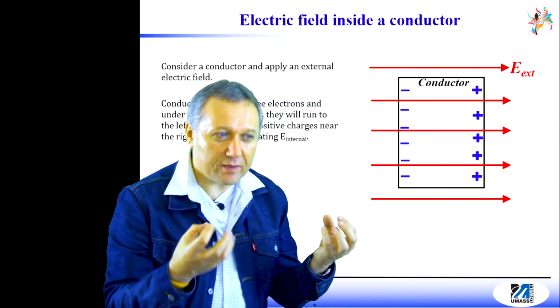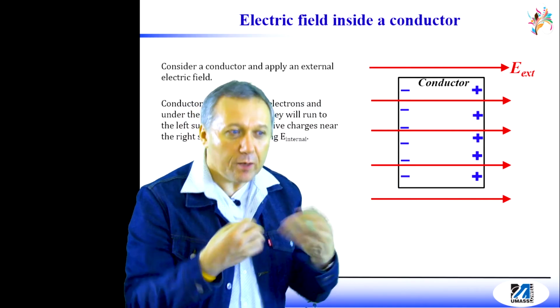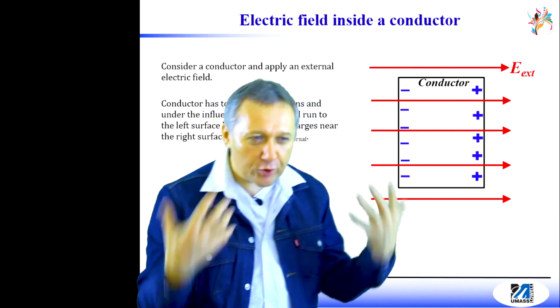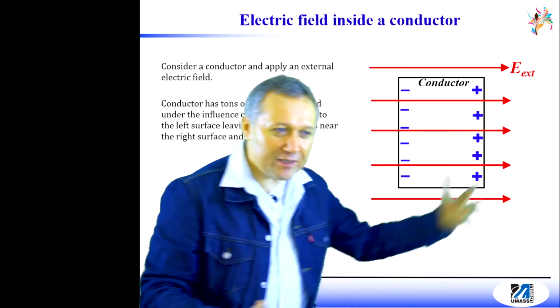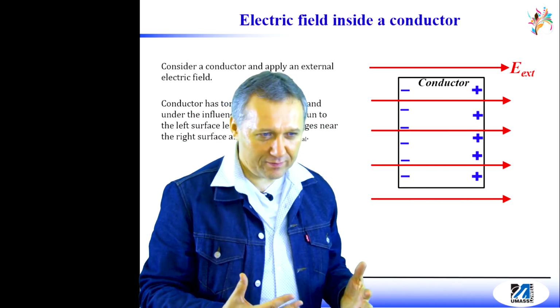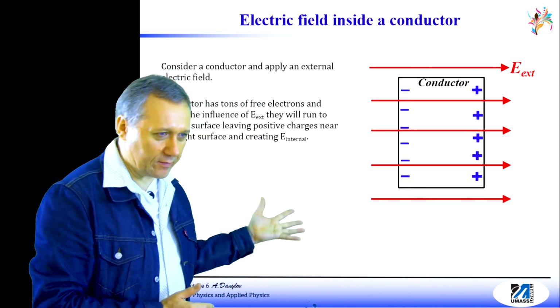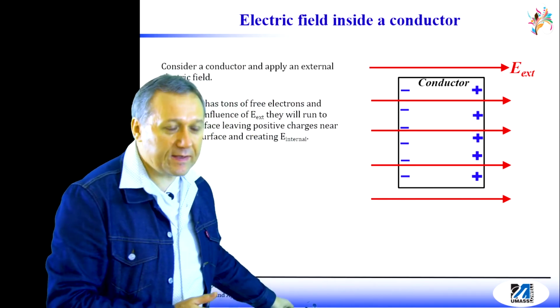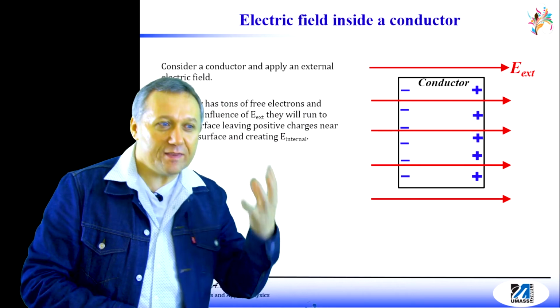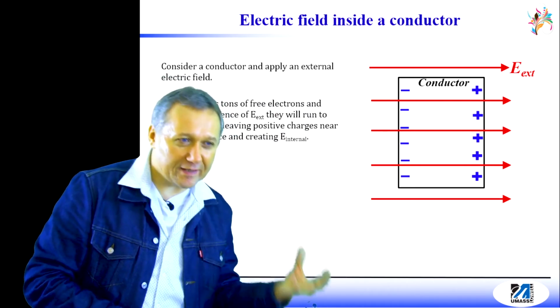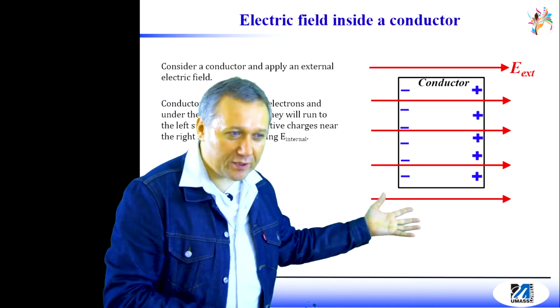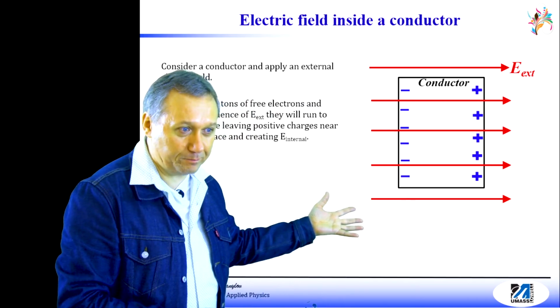They're going to create their own electric field, the blue electric field, the internal electric field. This charge separation is called polarizing the conductor. We induce charges, and these charges create their own internal electric field. And what's the direction of this internal field?